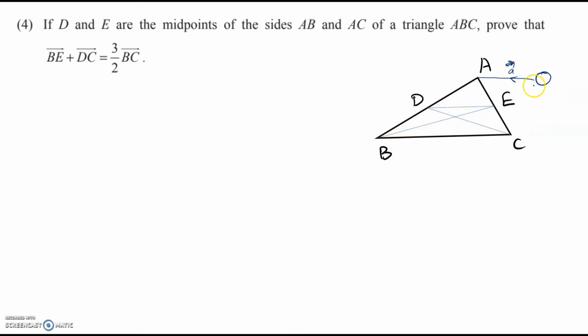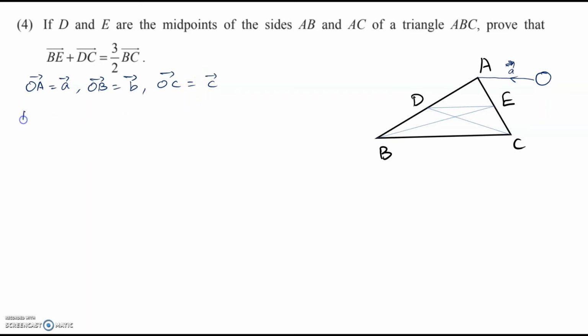So we will be referring to the origin O when we talk about vectors. So let's define vector OA as vector A, OB as vector B, OC as vector C. So these are all position vectors with origin O.